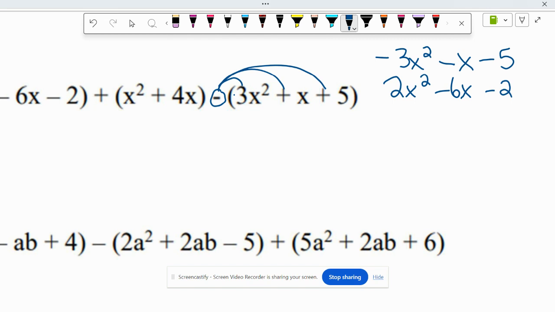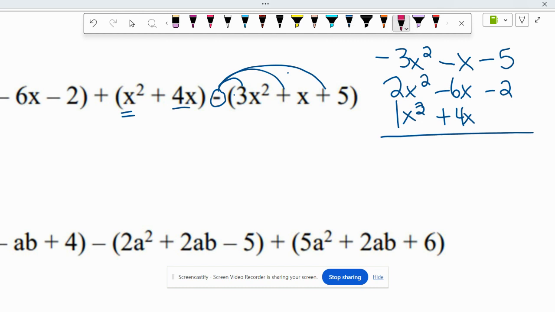My second polynomial only has 2 terms. It has an x squared and a 4x. The x squared is going to go right below the negative 3x squared and the 2x squared. And if it helps you to think about it, put a 1 in front of that because it's 1x squared. And then I have this positive 4x. I don't have a constant term there.